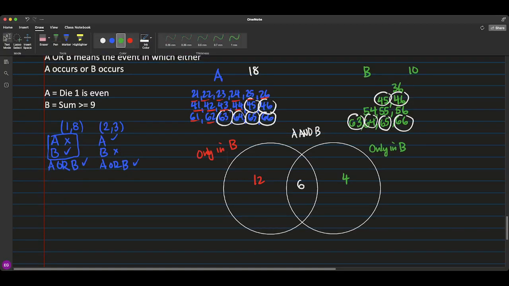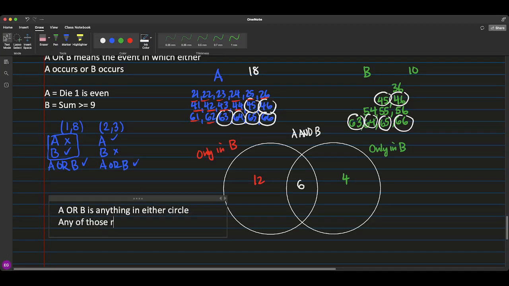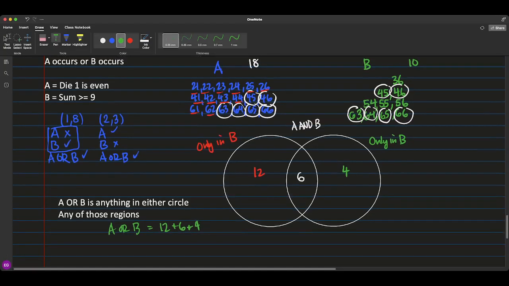Now, here's the cool thing. A or B is anything that's in either circle, or any of those regions. So in total, the number of things in A or B is 12 plus 6 plus 4, which if you add them together is 22.